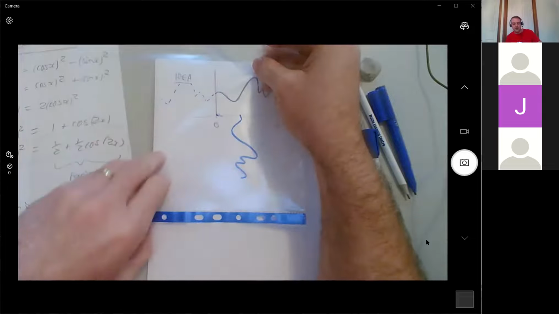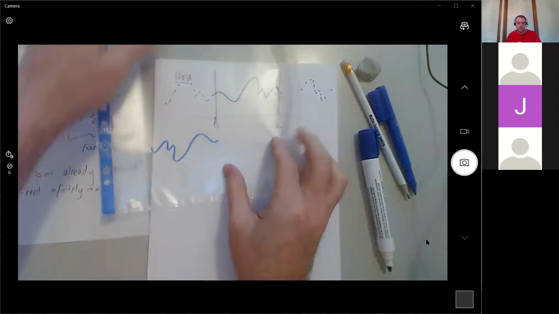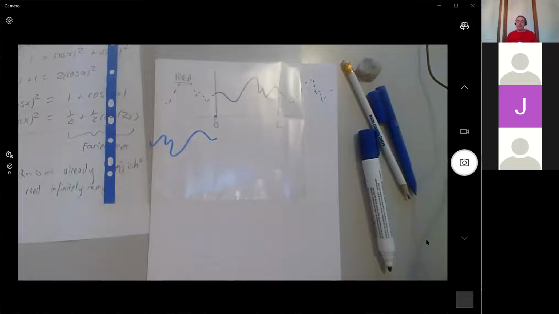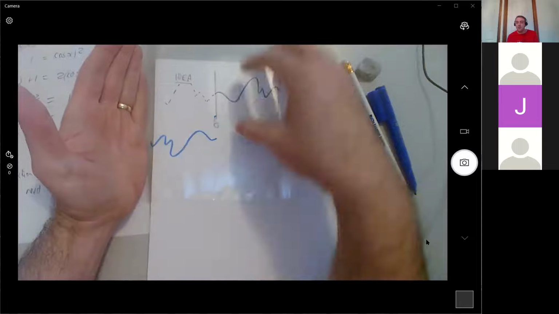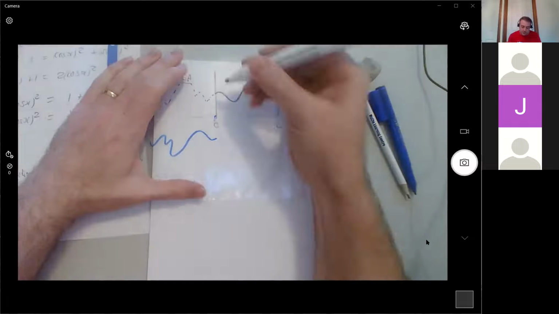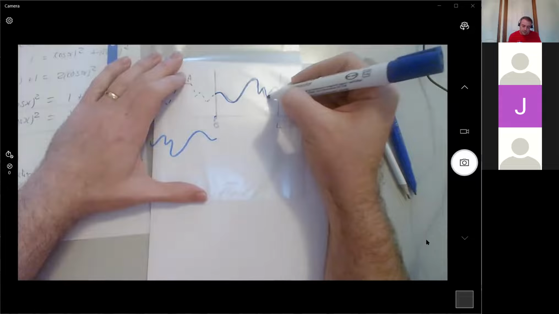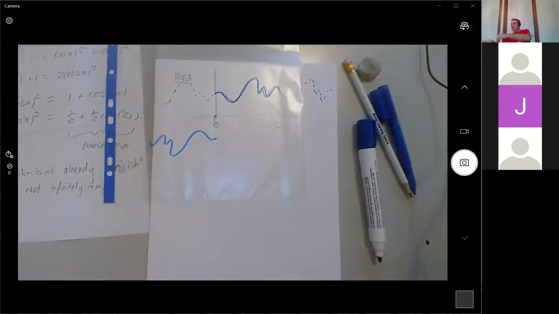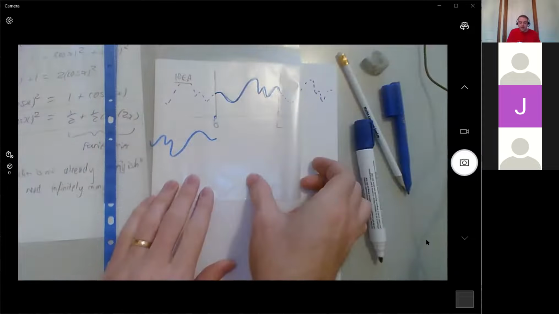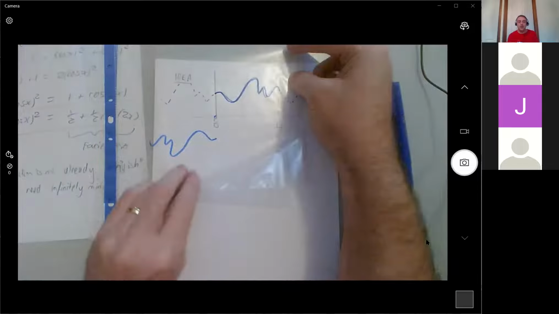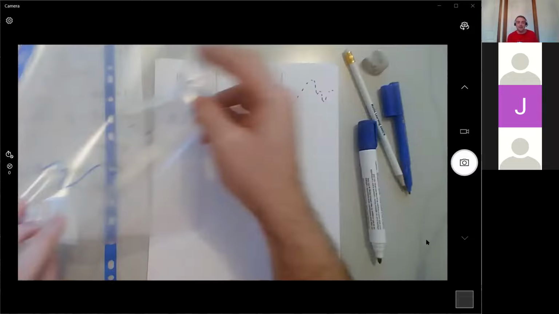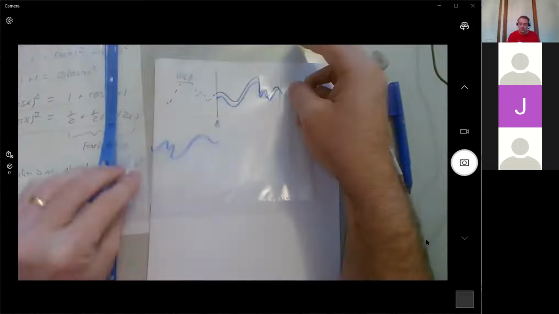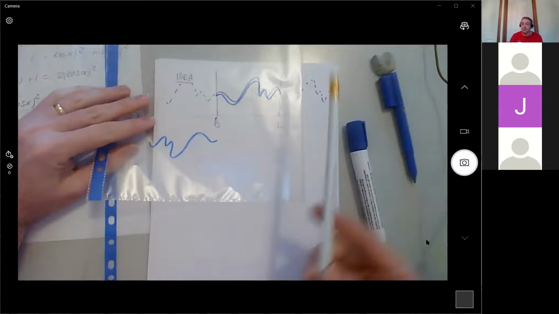So I would do this, like that. And now this piece of it is odd, because this bit down here is the rotation of this bit here. And then I would take that whole thing that I've just drawn and I would copy it. So I'd have this, and then I'd copy that here and here forever, and here and here and here. And so that would produce the odd periodic extension.